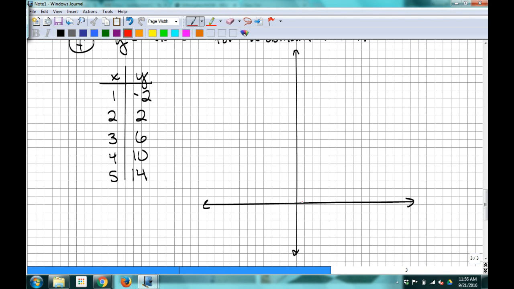Plot those points: (1, -2), (2, 2), (3, 6), (4, 10), (5, 14).